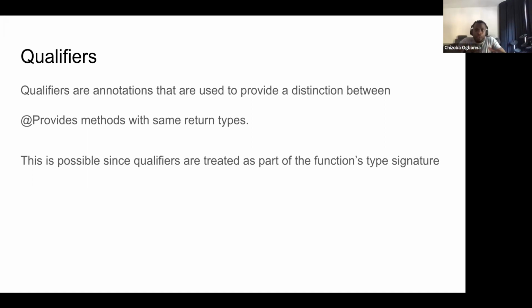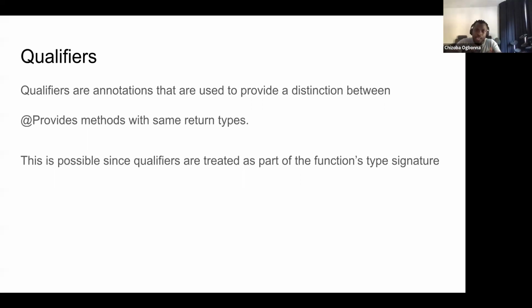Because this qualifier annotation is treated as part of the method signature. So it's like having overloaded functions, the way we have in Java. It's less pronounced in Kotlin because you can have default parameters and all that. But before Kotlin came, the way we used to do it is you overload a particular function.